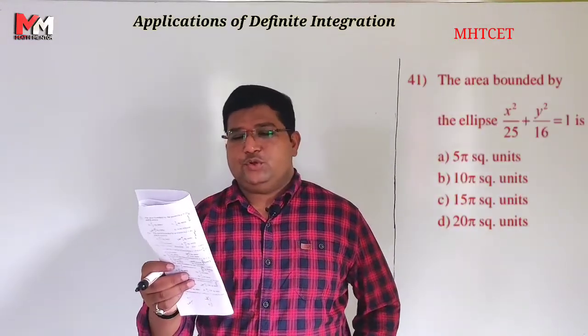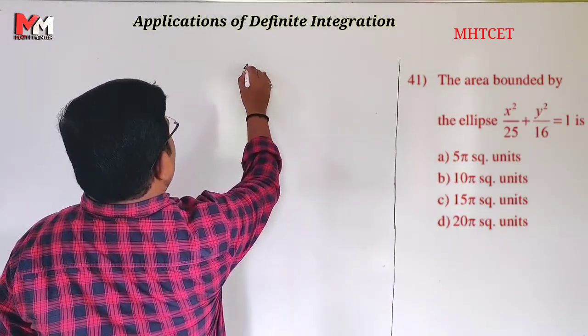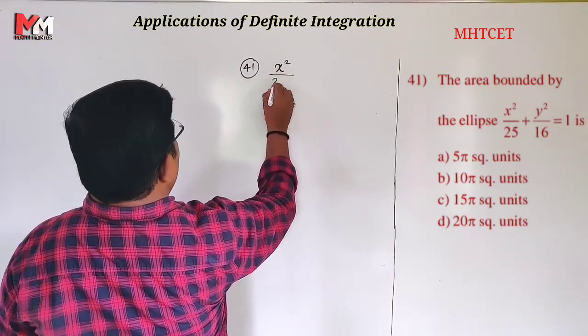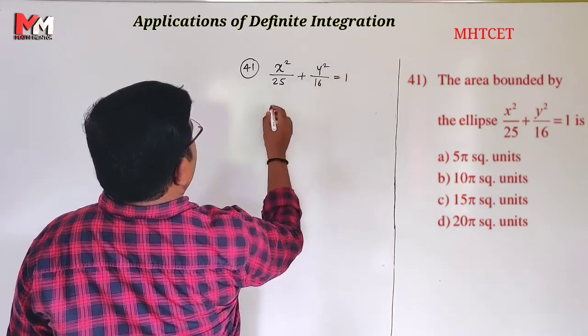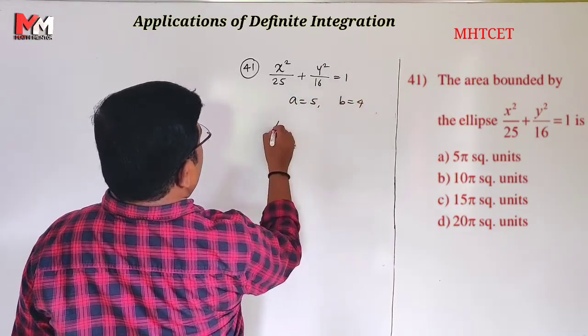Let's see the MCQ number 41 now. In example number 41 he has given the ellipse x square upon 25 plus y square upon 16 is equal to 1. So a is equal to 5, b is equal to 4, shortcut is what?